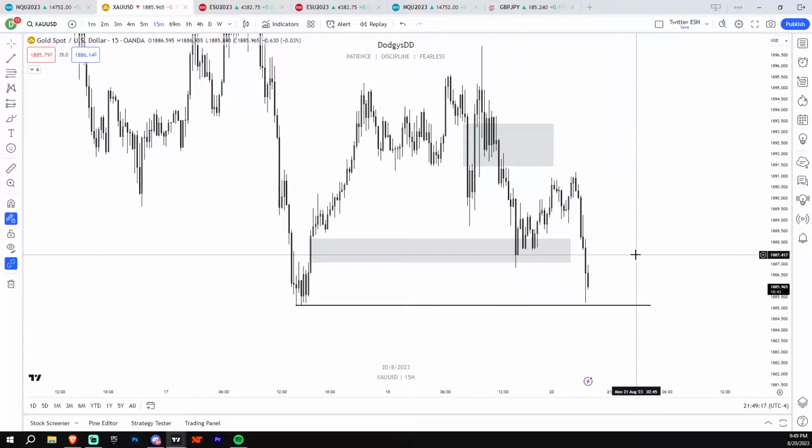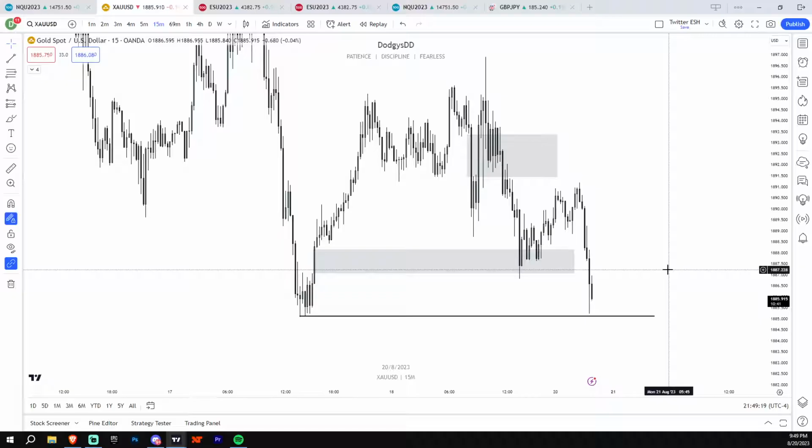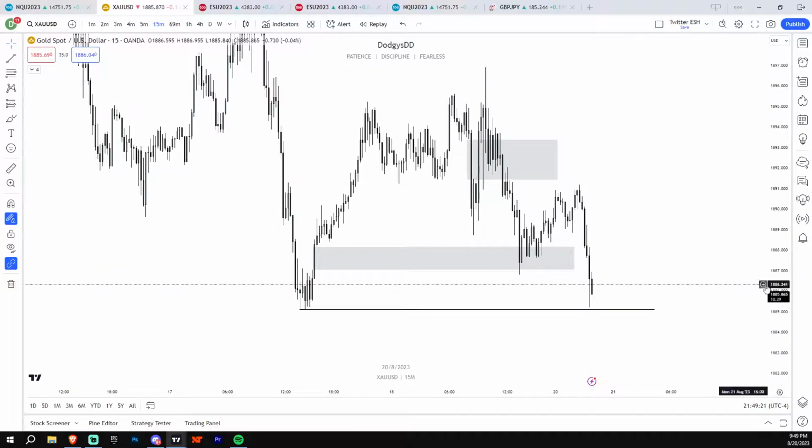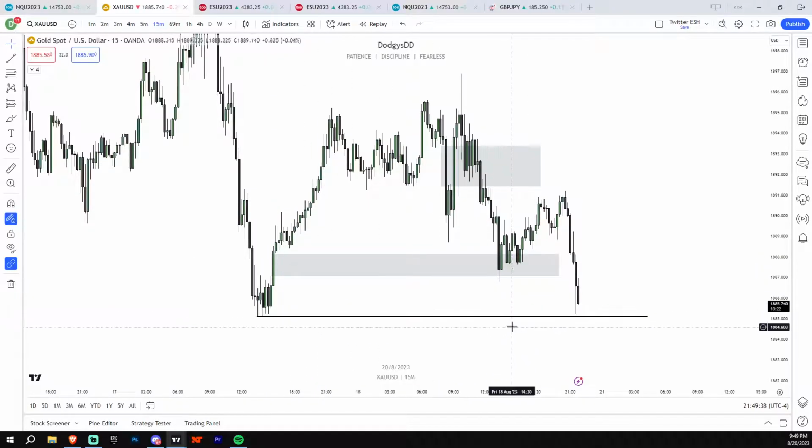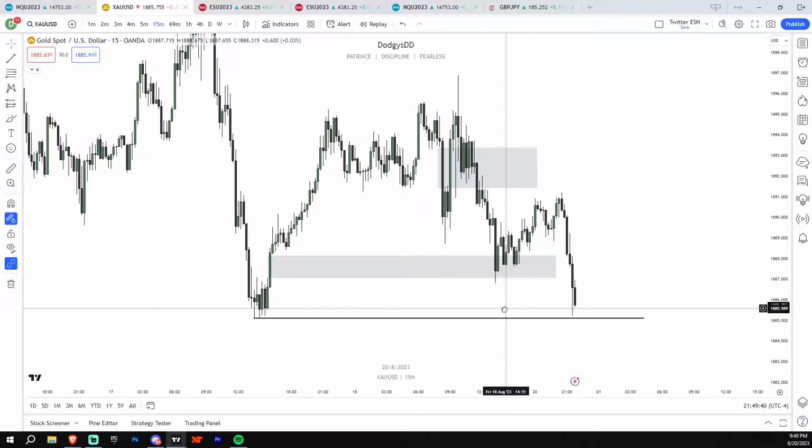Where are my targets on Friday that I said on gold? There's 2 targets. Yes, that's what I said. My target was this inefficiency, and then I said I would hold runners till this low here.